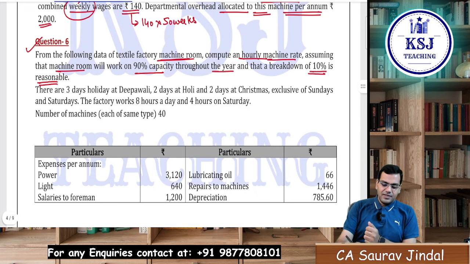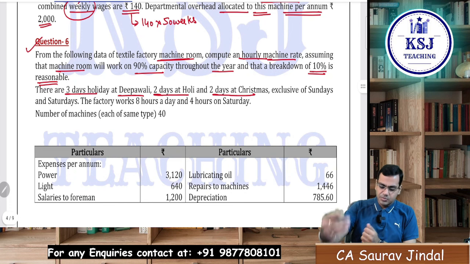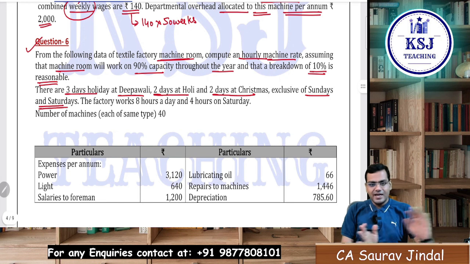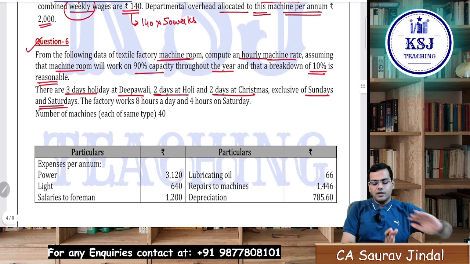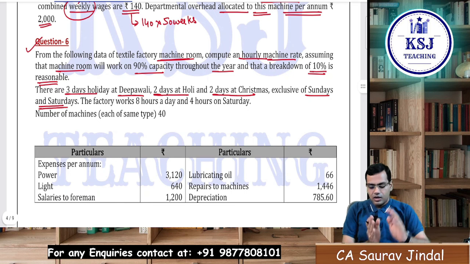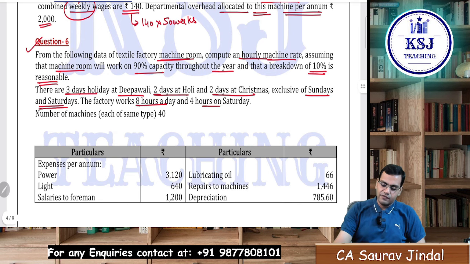Now he says there are 3 holidays at Deepavali, 2 days at Holi, 2 days at Christmas. So total 7 days are the holidays, exclusive of Sundays and Saturdays. The factory works for 8 hours a day and 4 hours on Saturday.